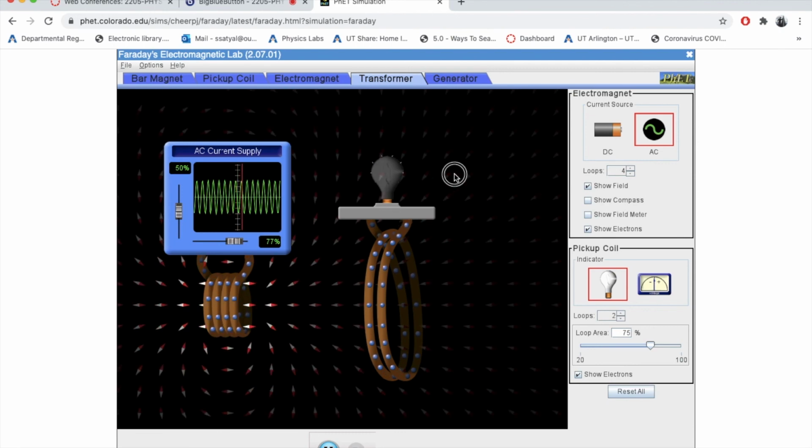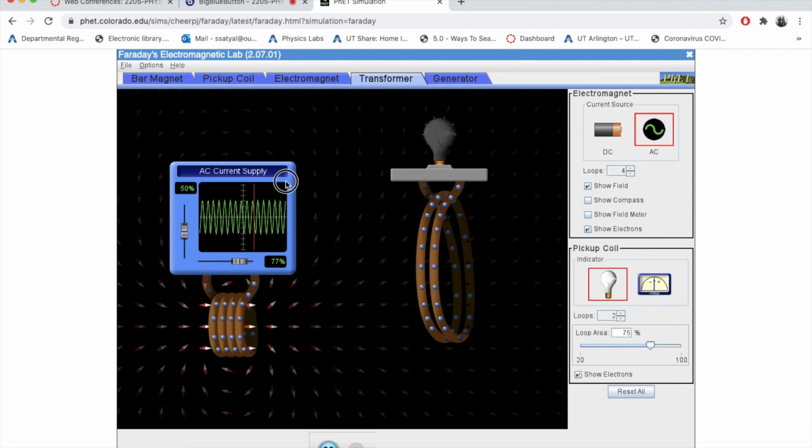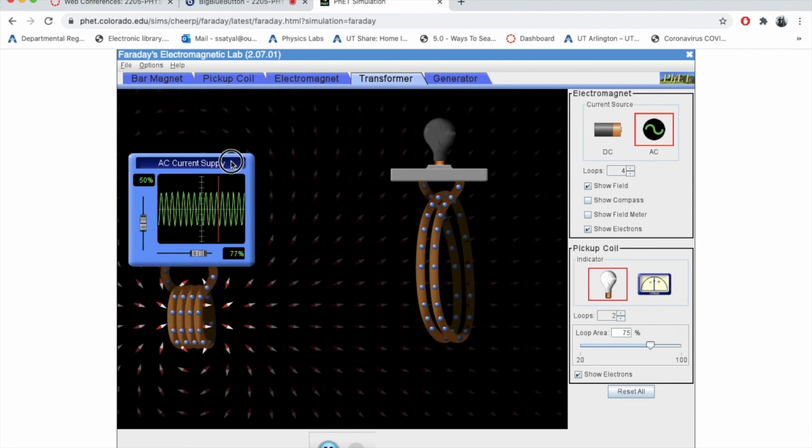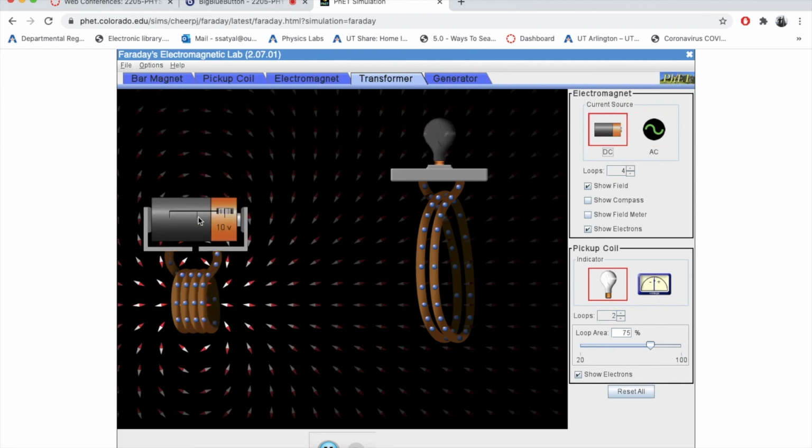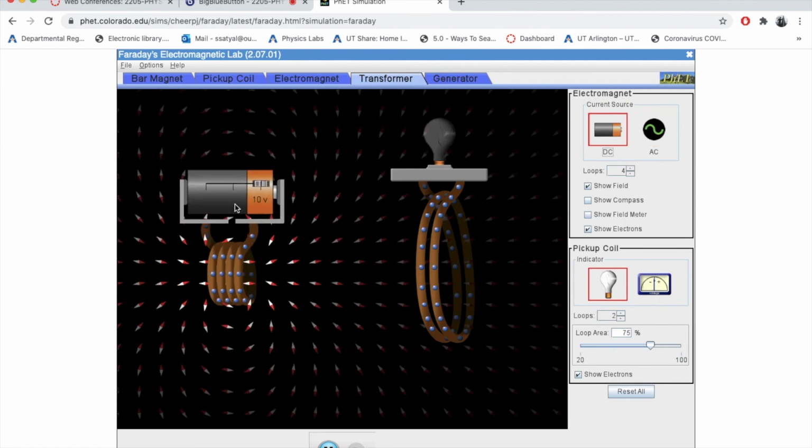First, let me put a battery source in here. So first, we take a coil and pass some current through it. Here I'm passing direct current to a coil.